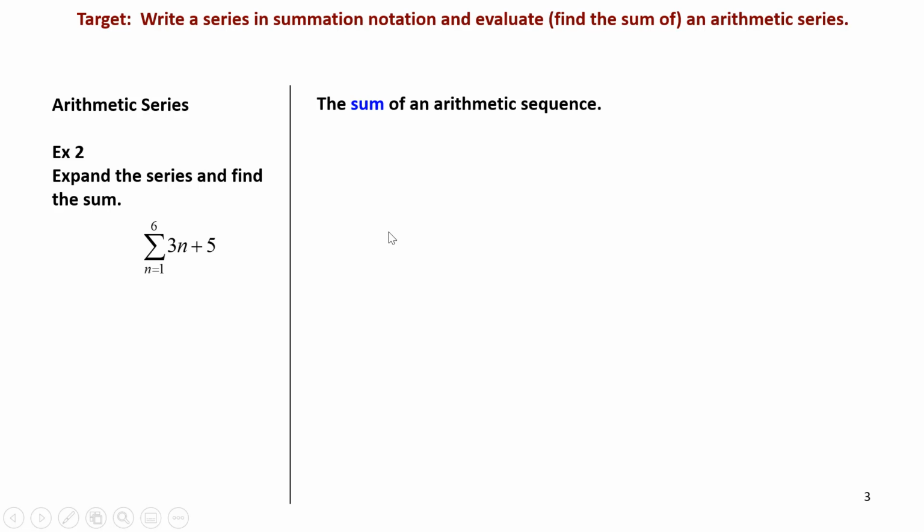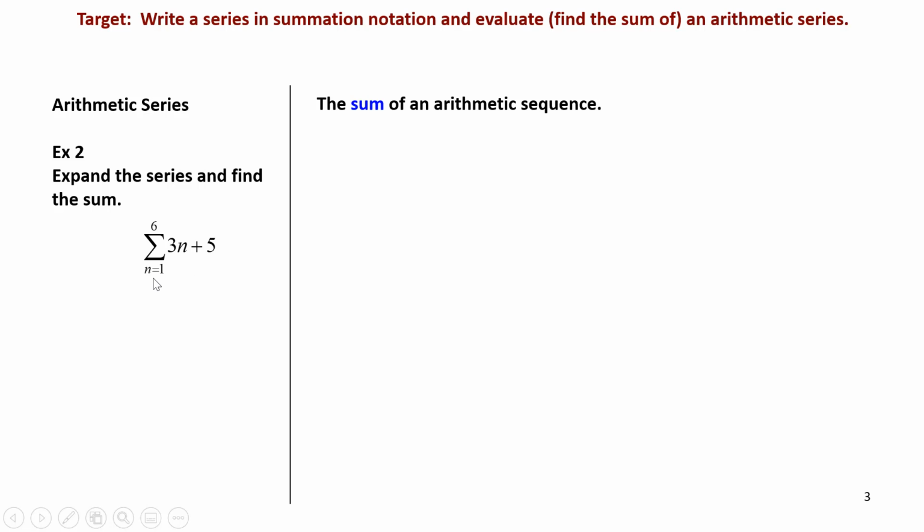All right, so the sum of an arithmetic sequence. This one says to actually expand the series and find the sum. So what this notation is saying is we're going to sum from term a sub 1 all the way to a sub 6, and this is the formula that we're going to use to find each of those terms. Okay?